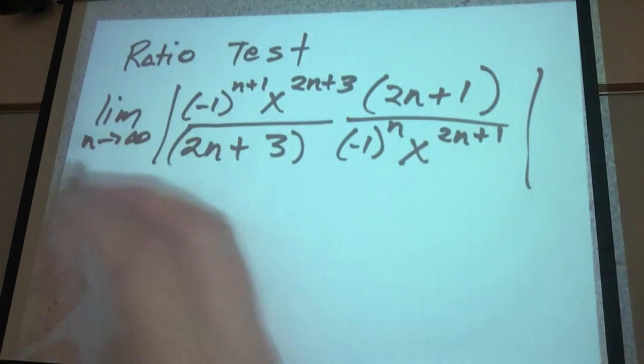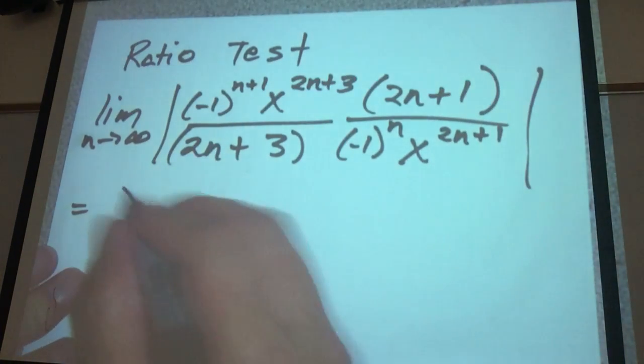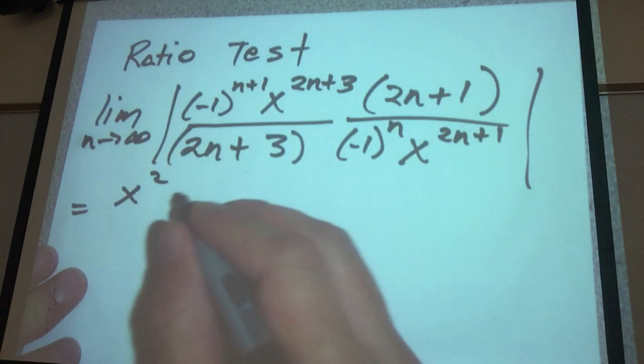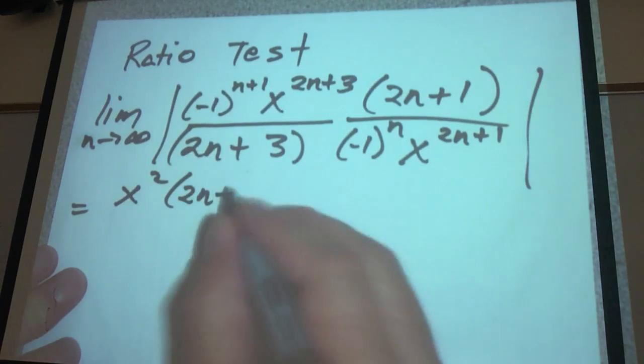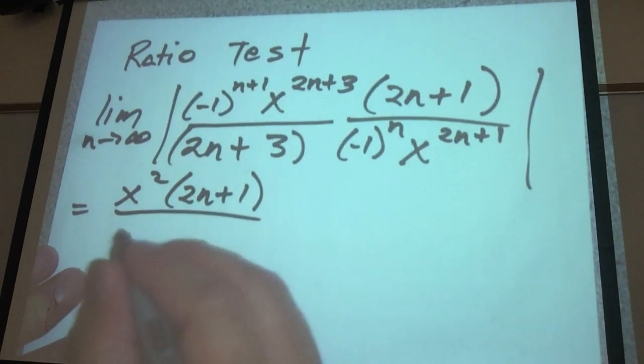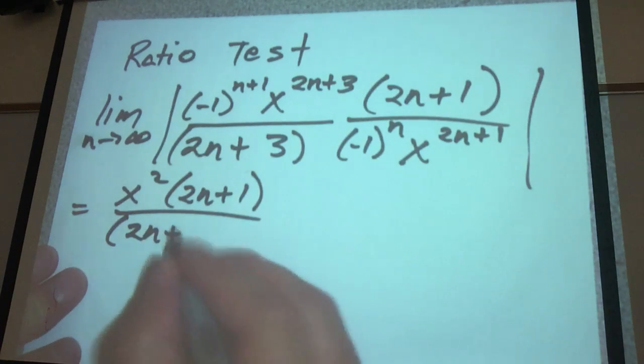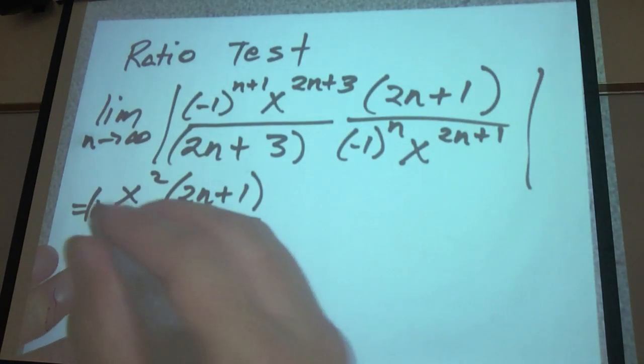And so that'll give us x squared times 2n plus 1 divided by 2n plus 3.